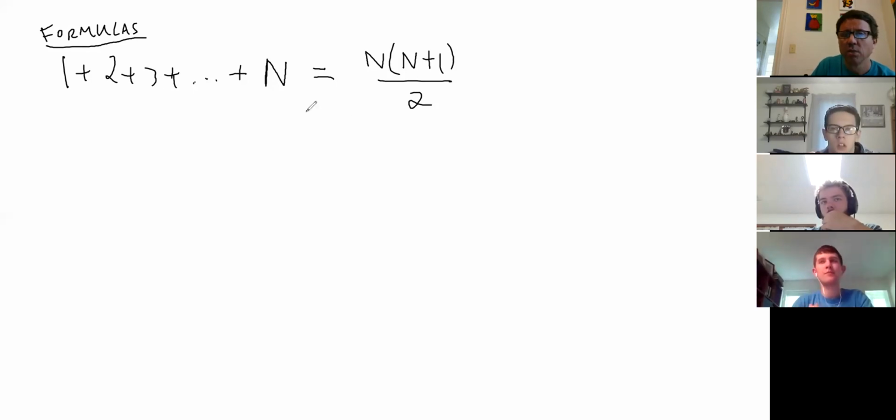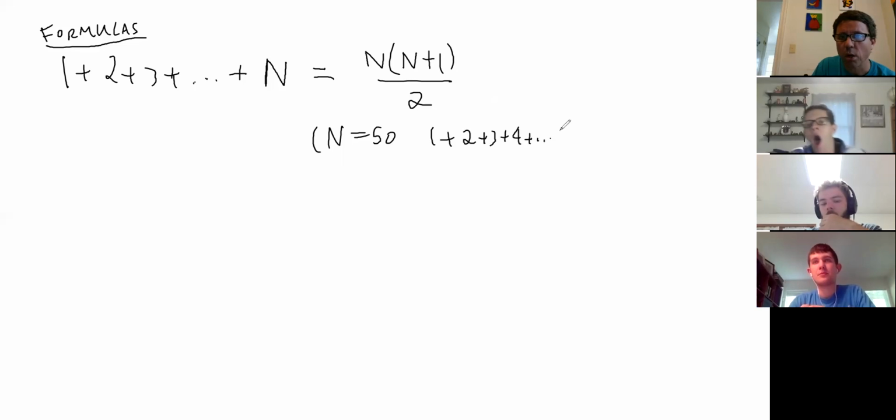So if n is 50 and you did 1 plus 2 plus 3 plus 4 all the way up to 50, then the answer would be 50, that's your stopping point, times 51 and divided by 2. So instead of adding all these things up, I would just have to do this very simple product, and you can do that on your calculator.